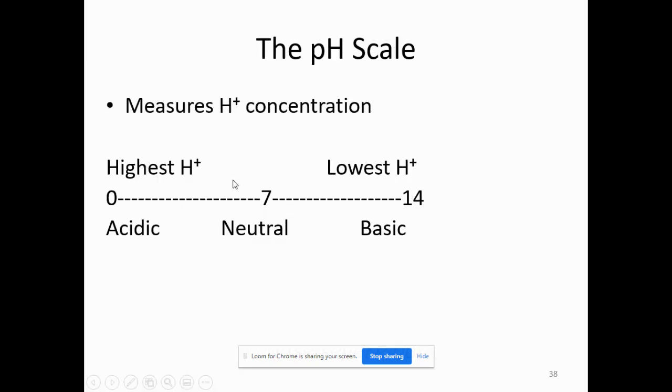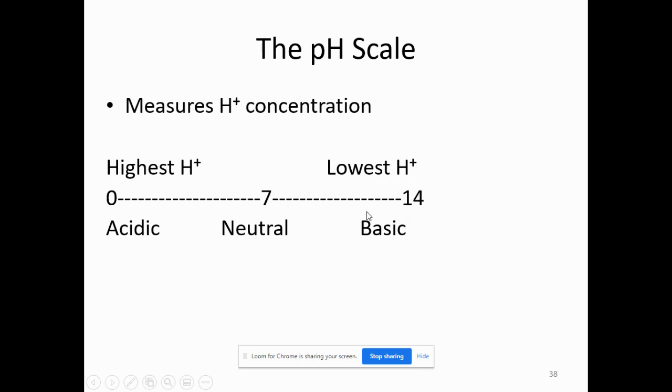Again, with this pH scale, you're measuring the pH of a solution, and basically the hydrogen ion concentration in that solution. The further lower you get from 7, the more you're increasing the amount of hydrogen ions in solution.